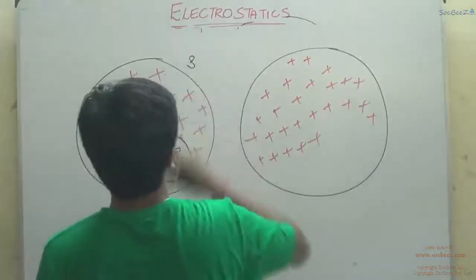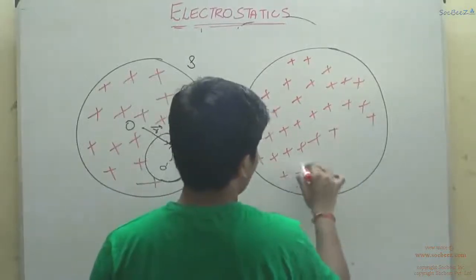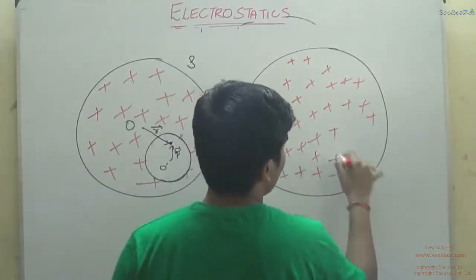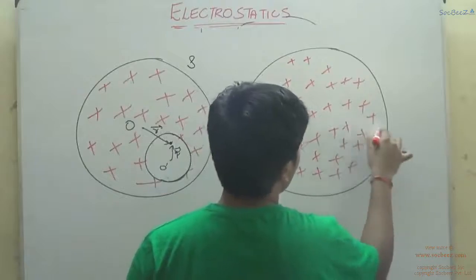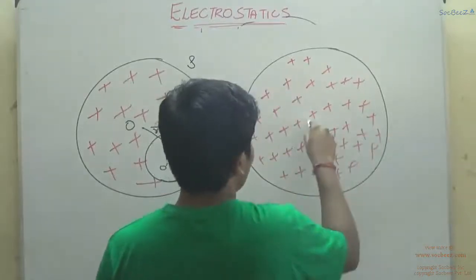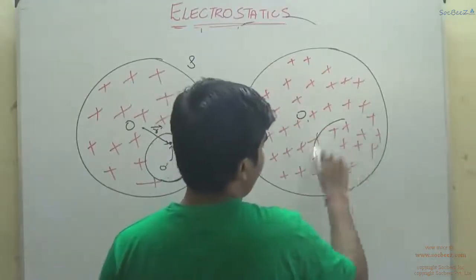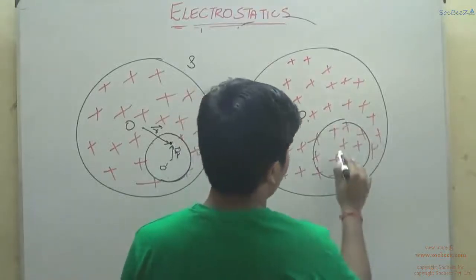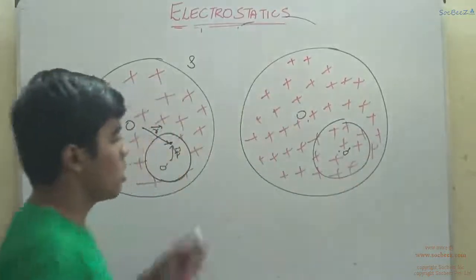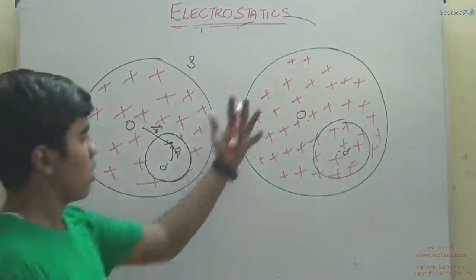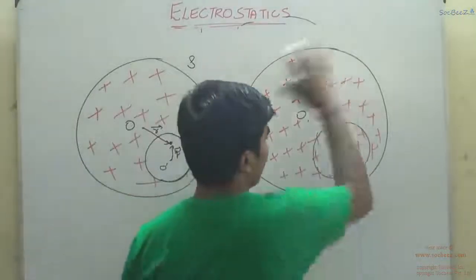Here the volume charge density is rho. This is O. Now I want to make a cavity here with center O dash. So it is similar to superposing a negative charge sphere in this.